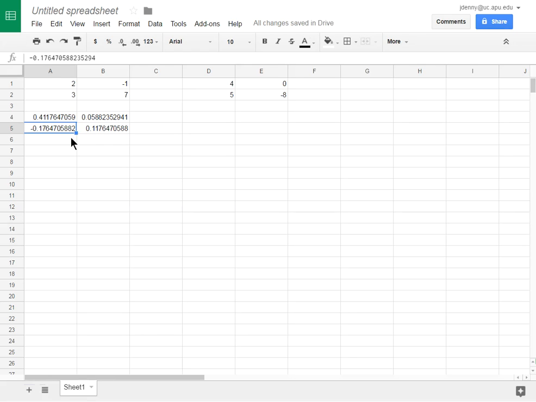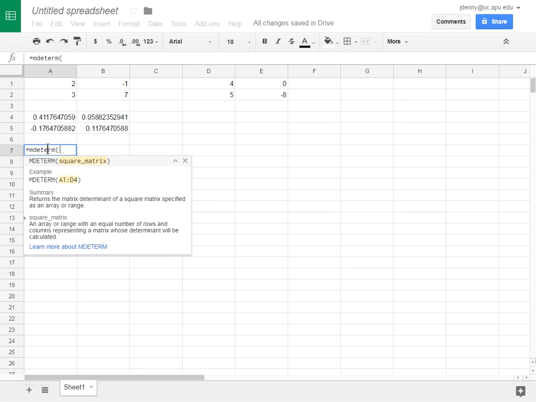We can also find the determinant of this matrix. And you can guess what that function is going to be. Equals M determ. I guess they try to abbreviate it a bit. M determ for determinant.